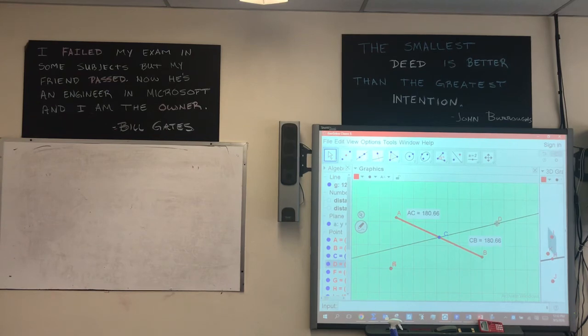Okay? What I mean by that is, let's say I cut everything off from D and to the right, so let's get rid of that stuff. That's a ray now, right? Is it still going through C, the midpoint? So that ray is a segment bisector.